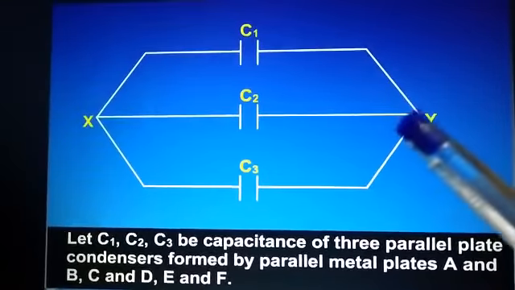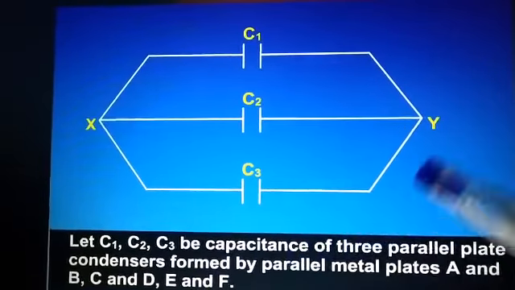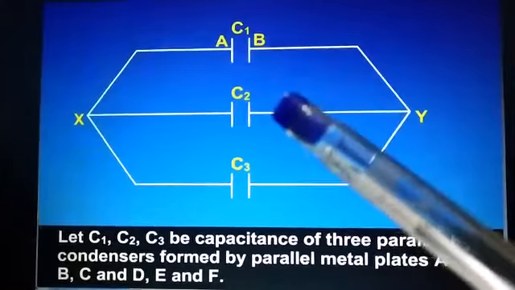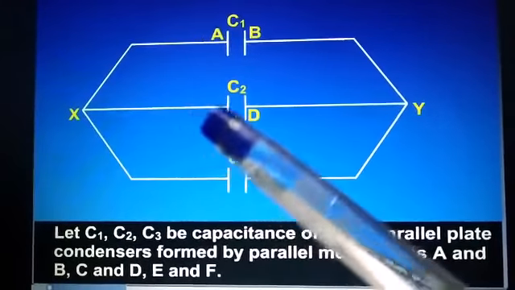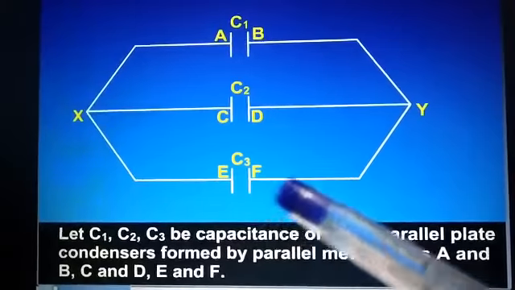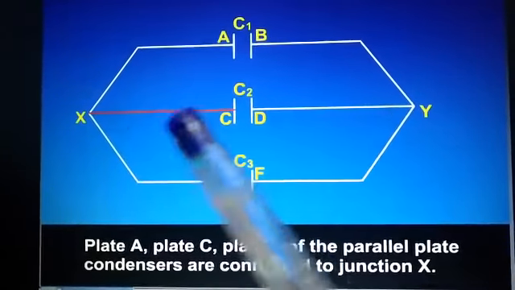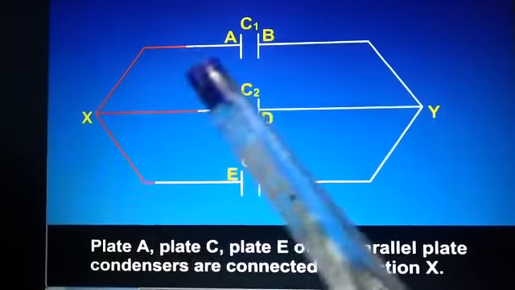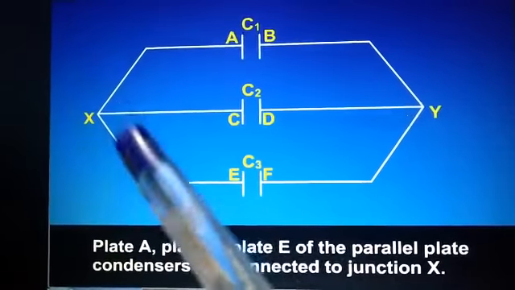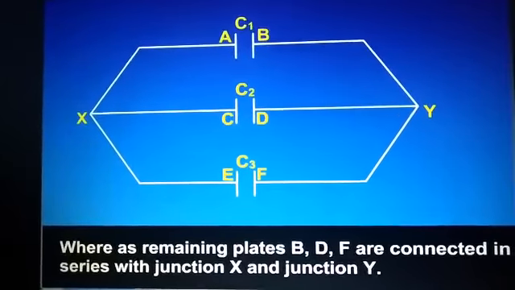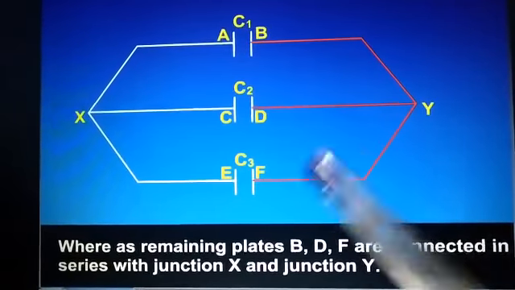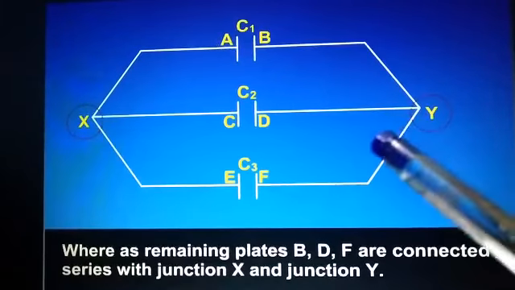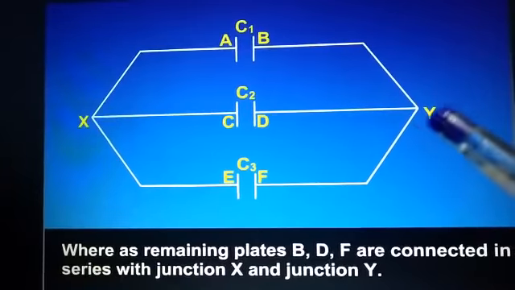Let C1, C2, C3 be the capacitance of three parallel plate condensers formed by parallel metal plates A and B, C and D, and E and F. So plates A, C, E of the parallel plate condensers are connected to junction X, whereas the remaining plates B, D, F are connected to junction Y.